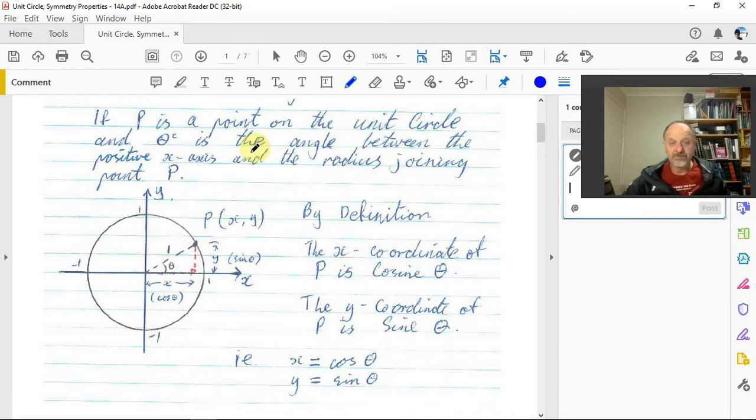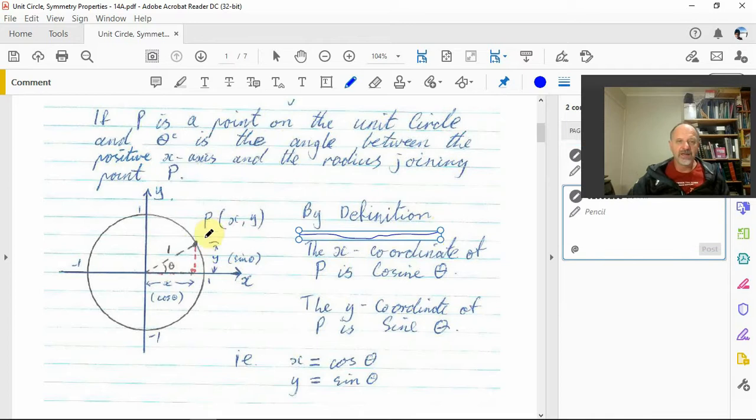By definition, the X coordinate of P is what we call cosine. So the X coordinate, which relates to this length here, is called cosine of theta. And the Y coordinate of P, this length here, is sine of theta.